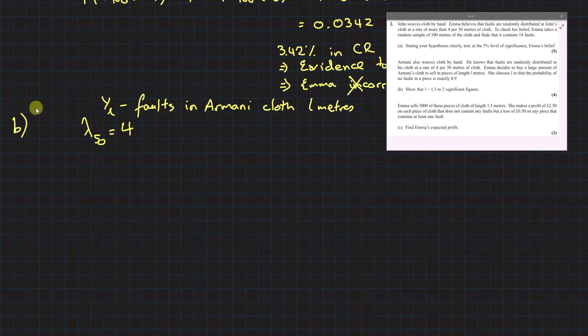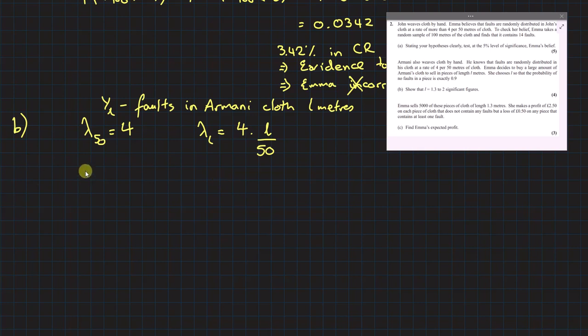In 50 meters we've got 4 errors, so we need to work out how many errors we would be looking for in L meters. If there's 4 in 50, we've got 4 errors in the proportion of the length divided by 50. That will give me my lambda for calculating the length needed.